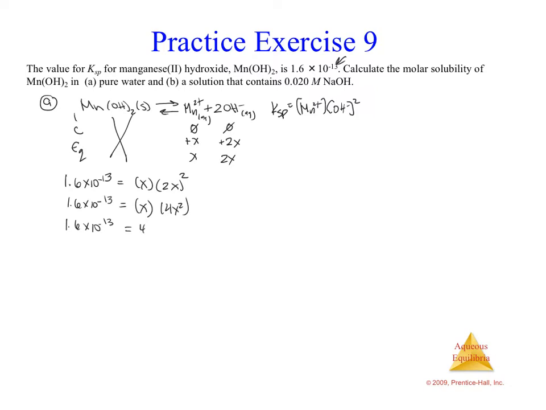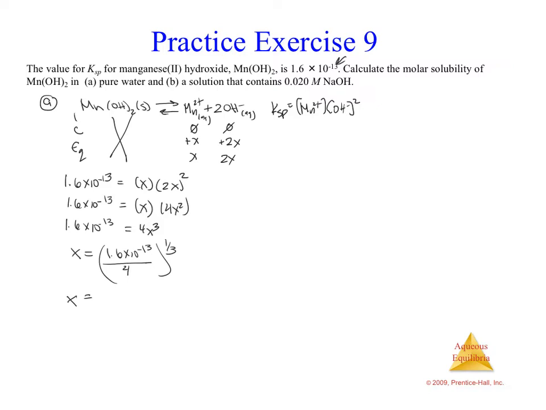So 1.6 times 10 to the negative 13 equals 4x cubed. I solve for x: 1.6 times 10 to the negative 13 divided by 4, to the 1/3 power. On the calculator, we plug in 1.6 second e negative 13 divided by 4, enter, caret, parentheses, 1/3, close.